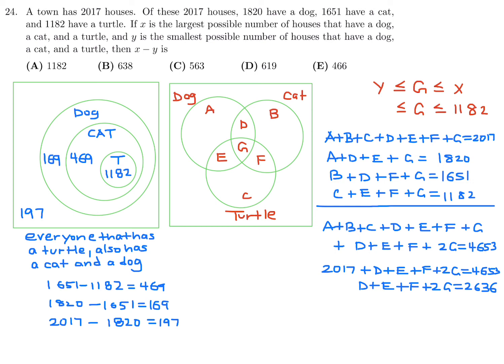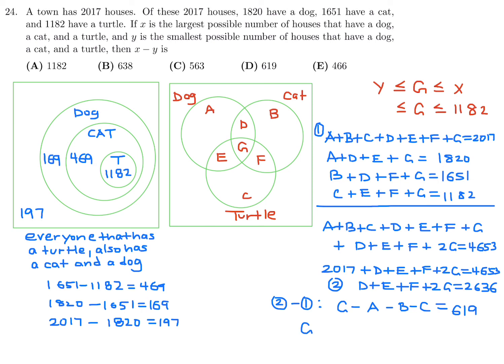Okay, so I will call this equation 1, this guy right here, and this equation 2. And now what I'll do is just subtract them, 2 minus 1. And when I do 2 minus 1, I get the following. I get G minus A minus B minus C is equal to 619.